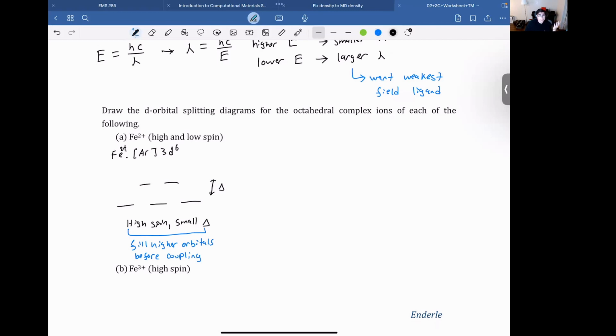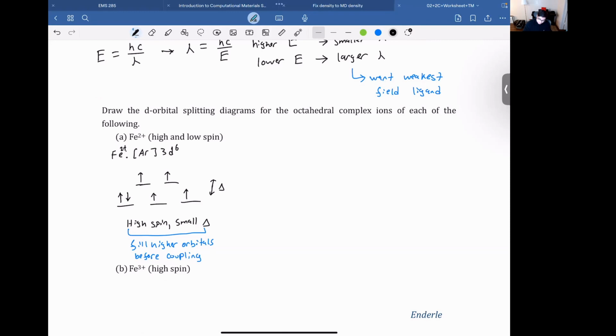So here we have 6 electrons that we need to put in this diagram. And we're going to just fill all of the orbitals up first before we couple anything. So spin up, I'm just going to do up, spin up, and then I go to a higher one. Basically, the gap in energy is so small that even though it is a higher energy, it's not big enough to need to fill the lower orbitals first. If it was a high enough energy gap, it would not fill the higher orbitals.